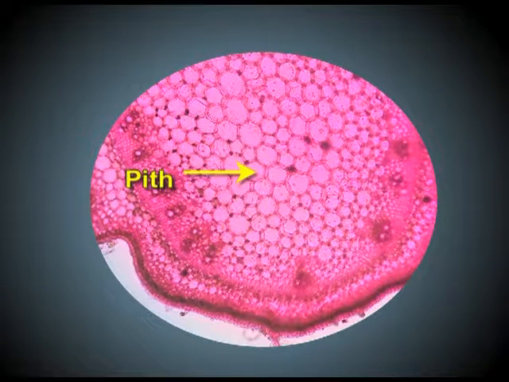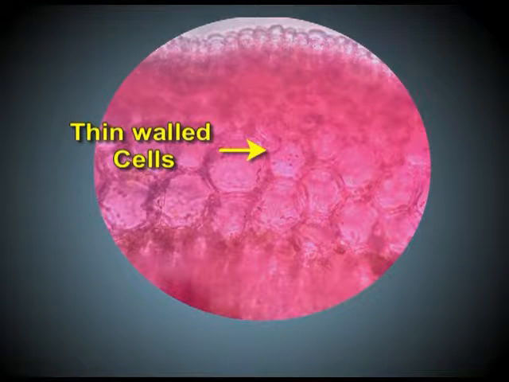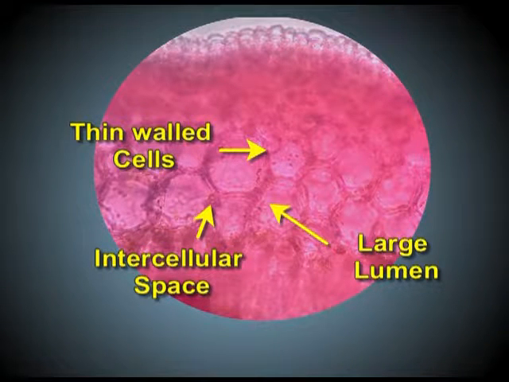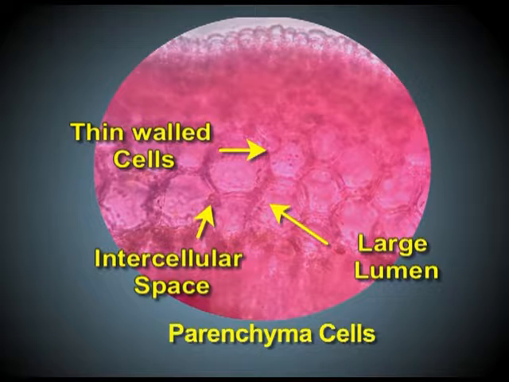Here we find that the pith and the cortex consist of very thin walled cells. These thin walled cells have a circular outline and are loosely arranged, they have intercellular spaces, they have a large lumen and they are living cells. Such thin walled cells are called parenchyma.